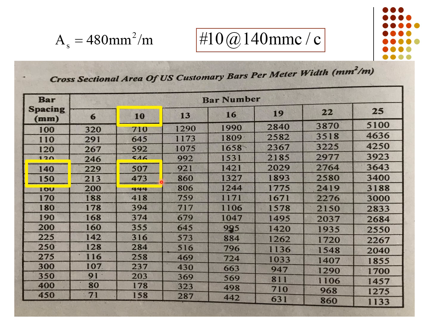My area of steel lies in between them. Corresponding to 473, I have spacing equal to 150 millimeter, and corresponding to 507, I have spacing of 140 millimeter. I can choose 507 and provide spacing of 140 millimeter, or I can interpolate between these two values and find the exact value. One thing to note here is that spacing on the lower side is more conservative.